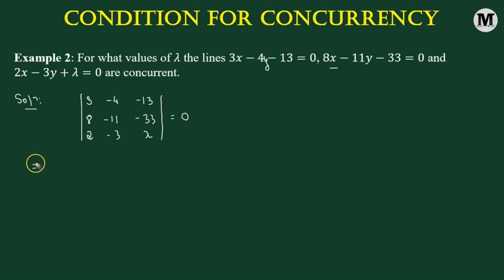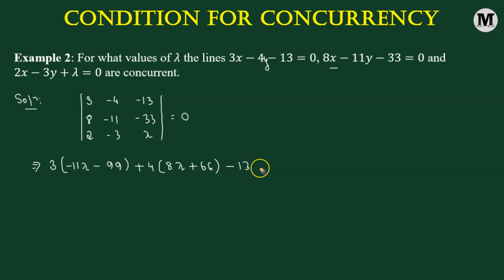Now what we'll do, we're going to expand this determinant about the first row. So we have 3 multiplied to, so negative 11 times lambda makes it negative 11 lambda, minus 3 times 33, that's going to be 99. Then we have negative of negative 4, so that makes it positive 4, multiplied to, so we have 8 times lambda makes it 8 lambda, minus 2 times negative 33 makes it negative 66, but since there's an already negative number, we get positive 66.